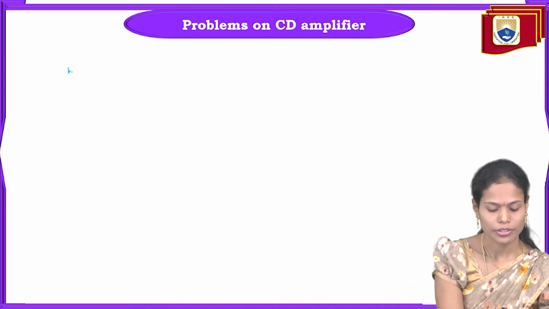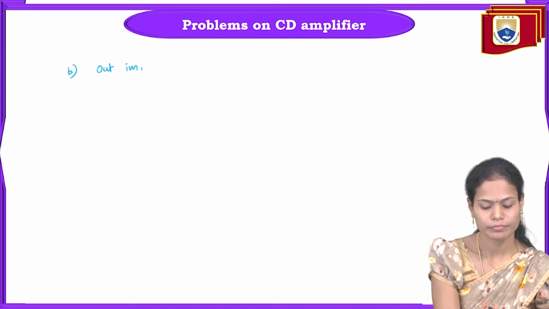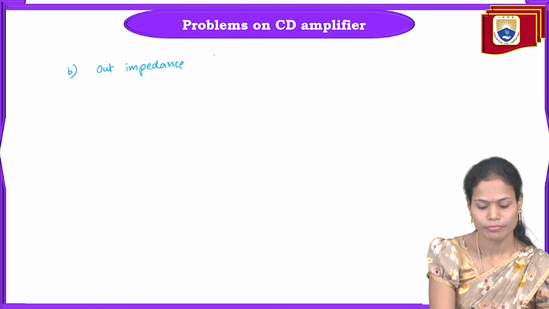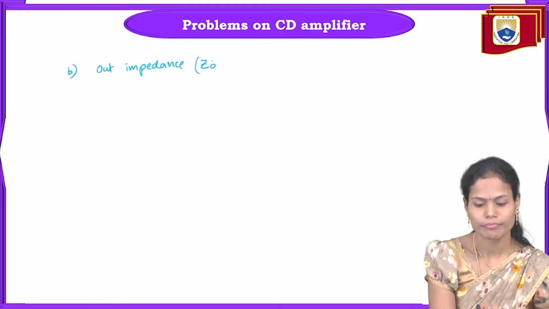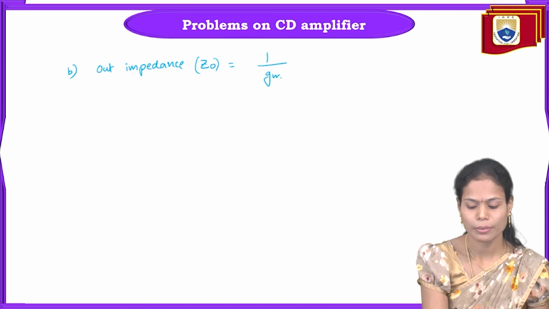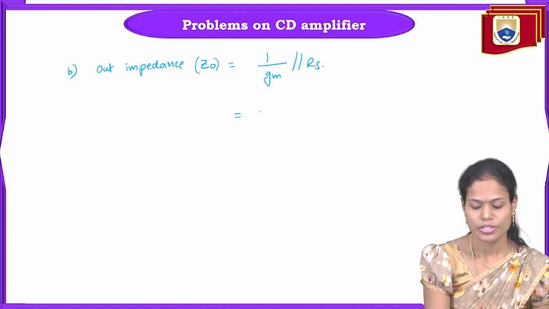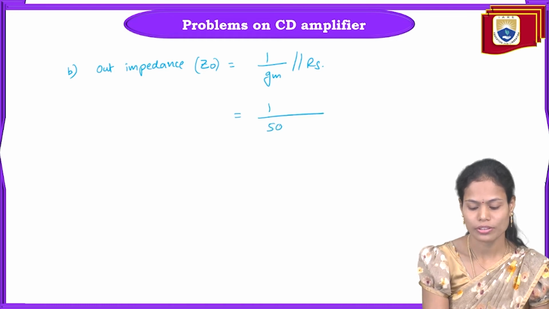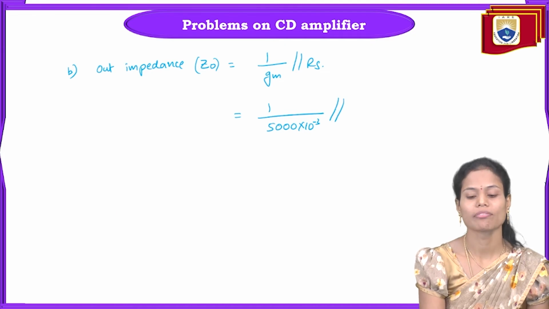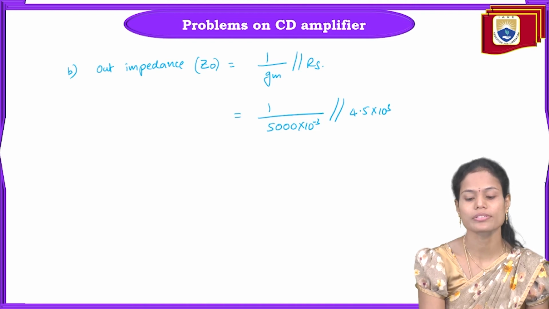The second parameter we need to calculate is the output impedance, that is Z0. Output impedance Z0 is 1 by Gm parallel with the source resistance. The Gm value is given as 5000 millisiemens, so 1 by Gm is 0.0002 into 10 power 3, which should be parallel with 4.5 kilo ohms, the source resistance value.